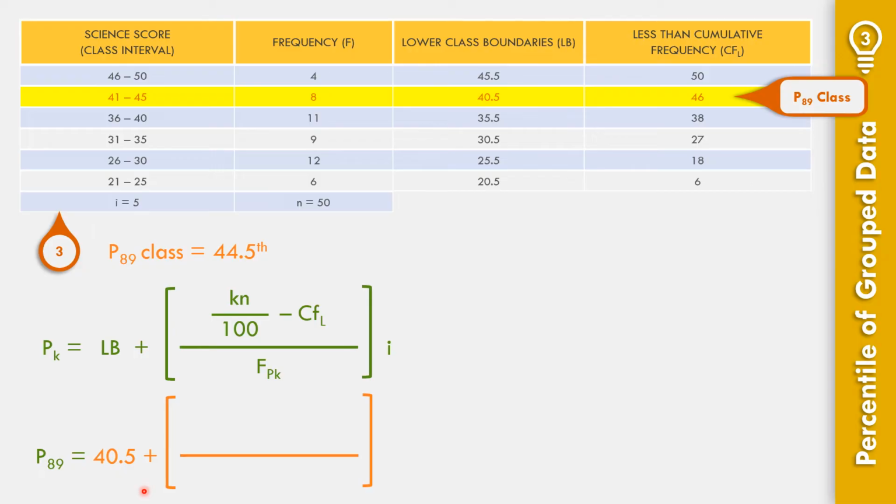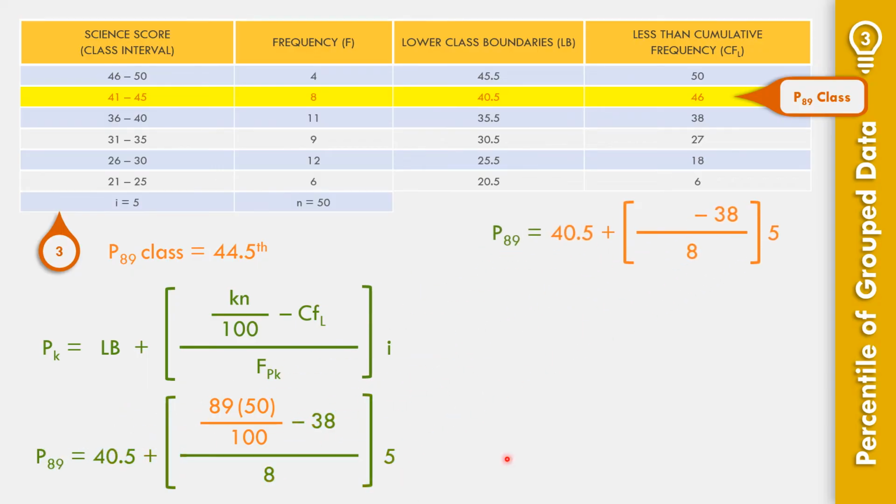Let us copy the value for k, 89. The total frequency is 50, copy 100. Minus, if this is the P sub 89 class, the less than cumulative frequency, we will choose 38. So minus 38 over the frequency of the P sub 89 class, that is equal to 8. Times the interval, copy, positive 5.